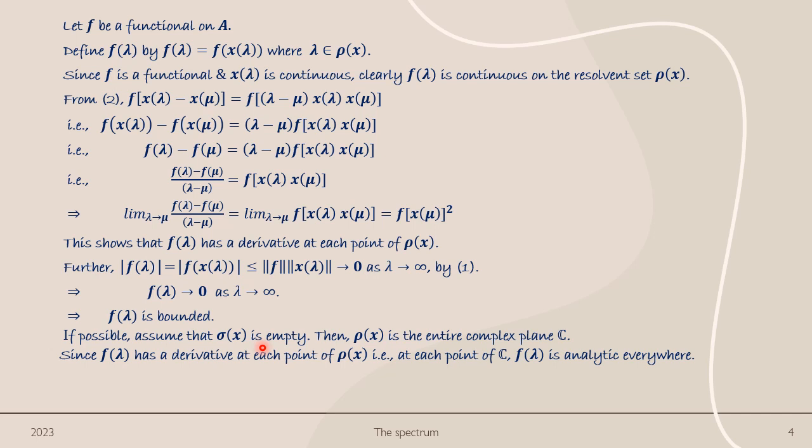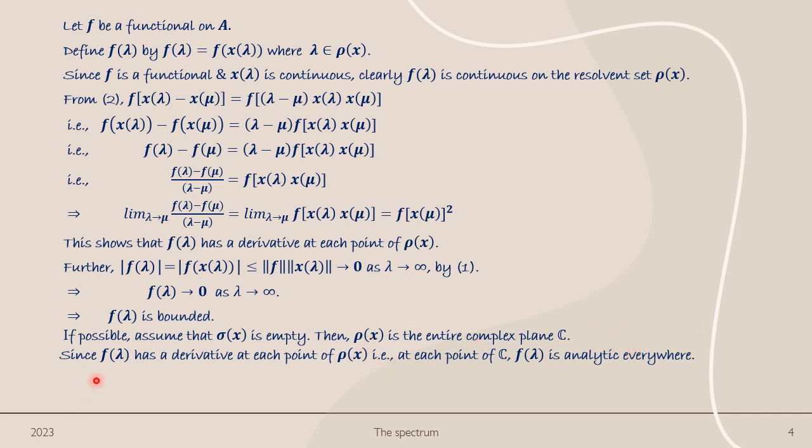Rho of x is the complement of sigma of x. So rho of x union sigma of x is the entire complex plane C. If sigma of x is empty, rho of x is the entire complex plane C. So rho of x becomes C.